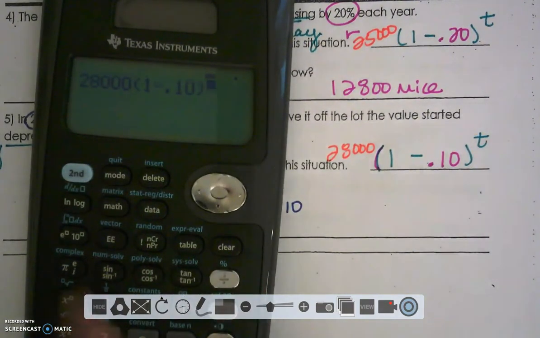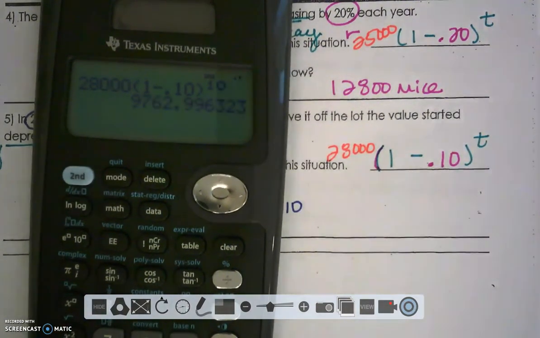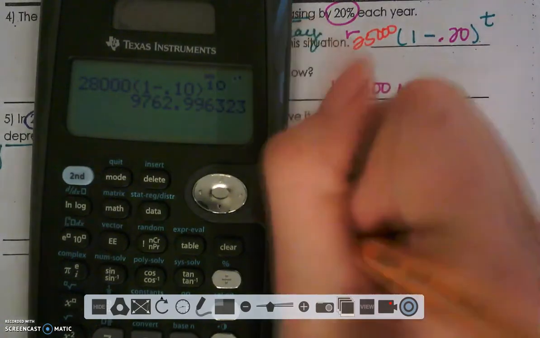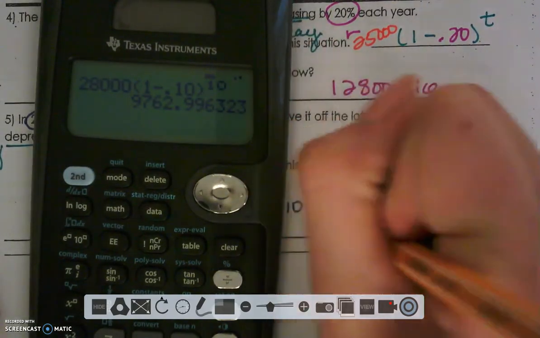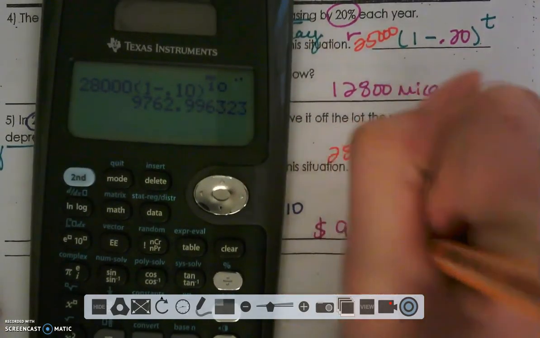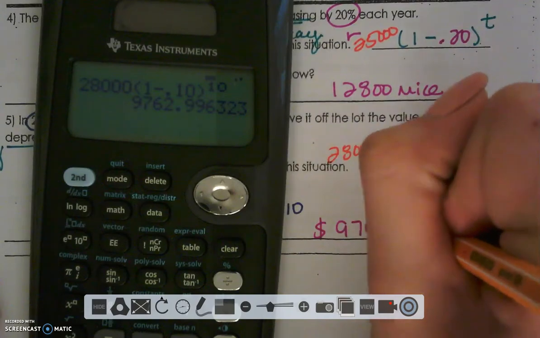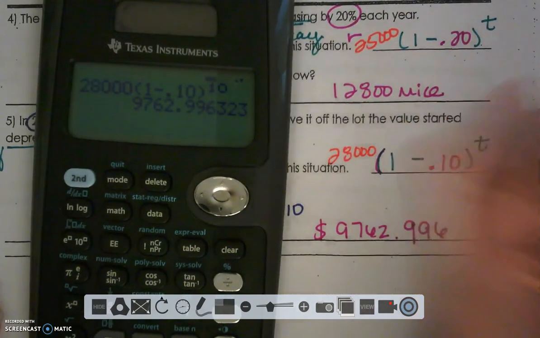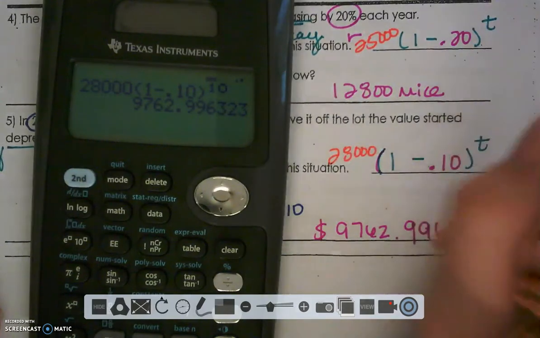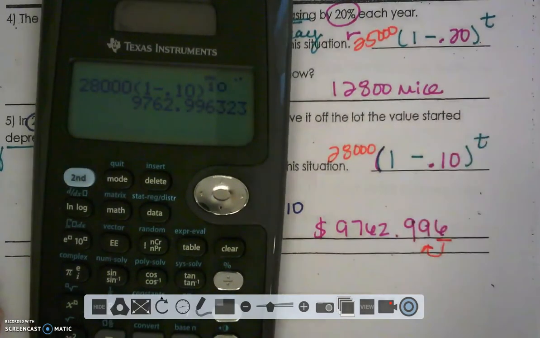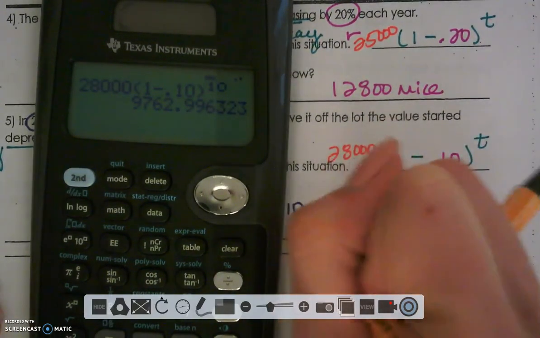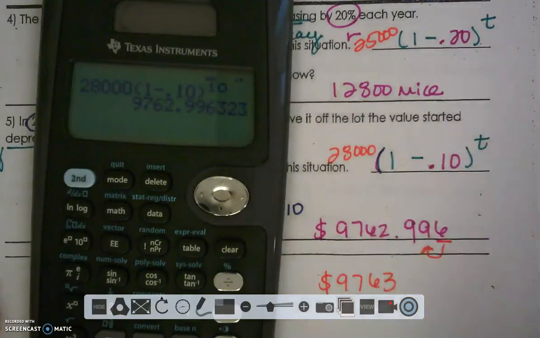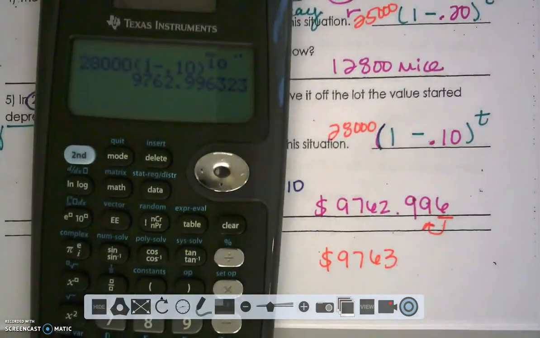And in that T spot, we're now going to put in a 10. And my car is now worth $9,762.99. Okay, 99.6. So technically, if I were to round, this is really $9,763. Okay. So those are decay problems.